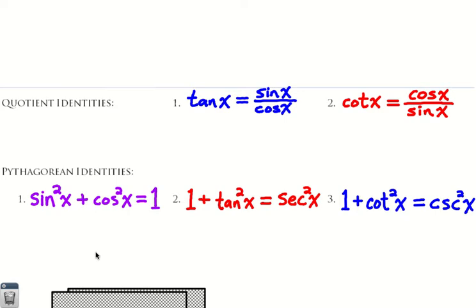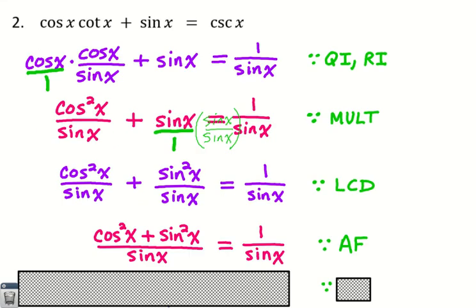Bottom line, if you see somewhere in your identities you're proving a 1 minus cosine squared of x, you could switch that out for a sine squared, and you could cite that as a Pythagorean identity thing.